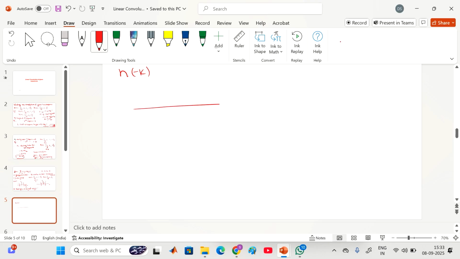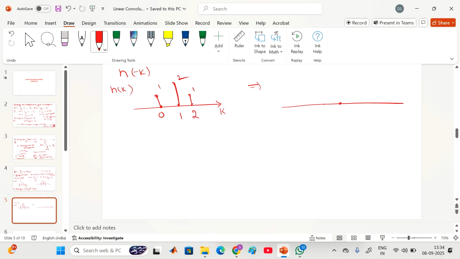So general h of k is having, at n is equal to 0, 1 and 2, the values 1, 2, 1. Now the x-axis is k. To get the folding sequence, I make 0 as a reference and I fold the sequence about it.